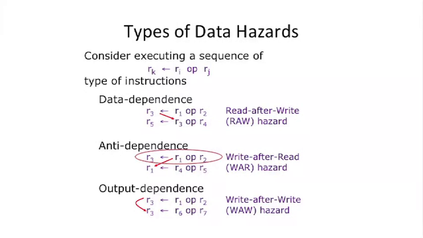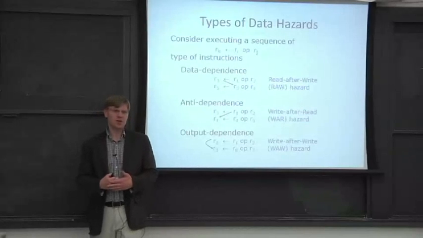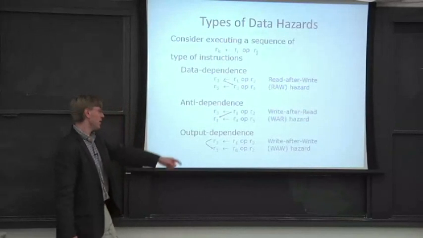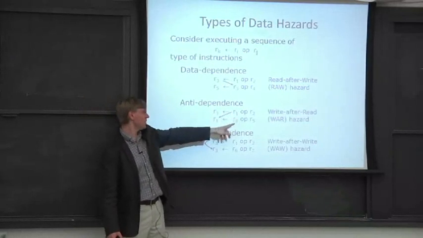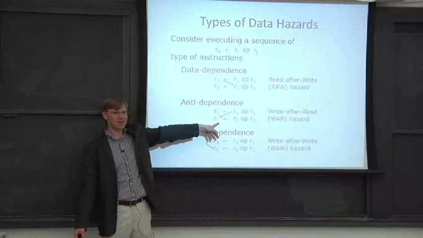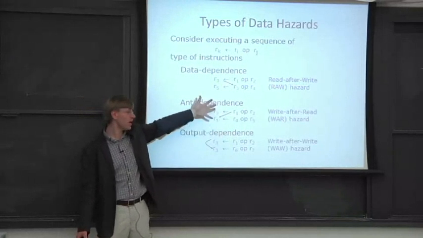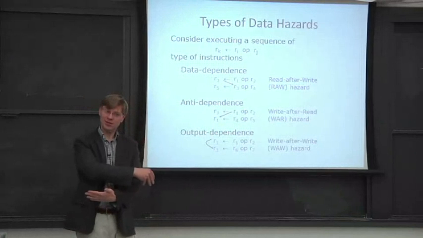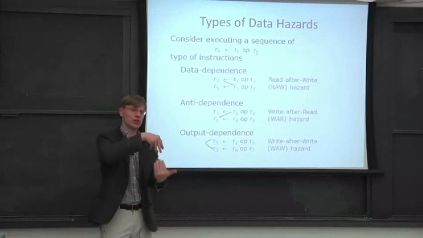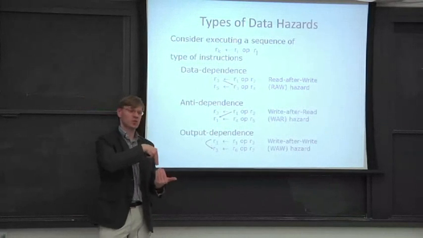If you do everything in order, with instructions slowly flowing down the pipe and only executing one instruction at a time, you read register 1 here, and then a whole lot of time later you write register 1, so nothing bad happens. But if you start to execute instructions out of order, or multiple instructions at the same time, you can start to run into problems.